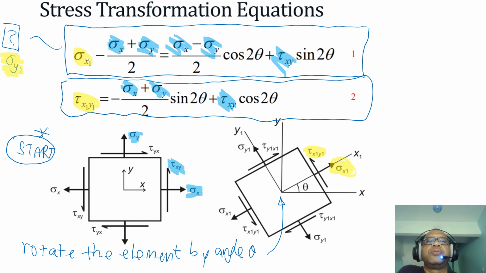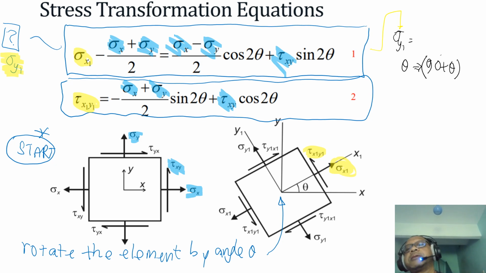Use equation 1 for sigma 1, or let's use blue or black for sigma y1, equals a similar equation, but we will have to substitute theta with 90 plus theta, because you have to rotate by 90 degrees.